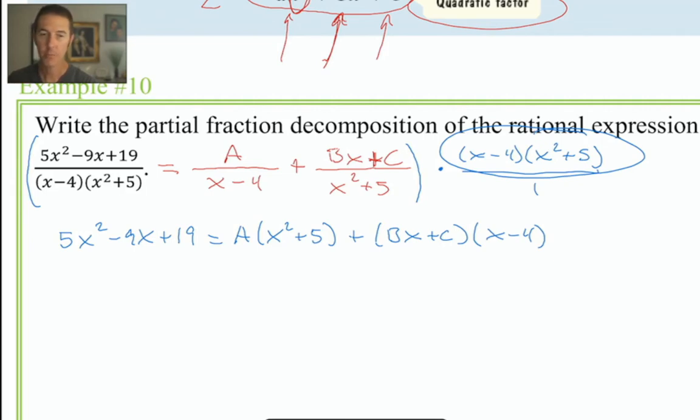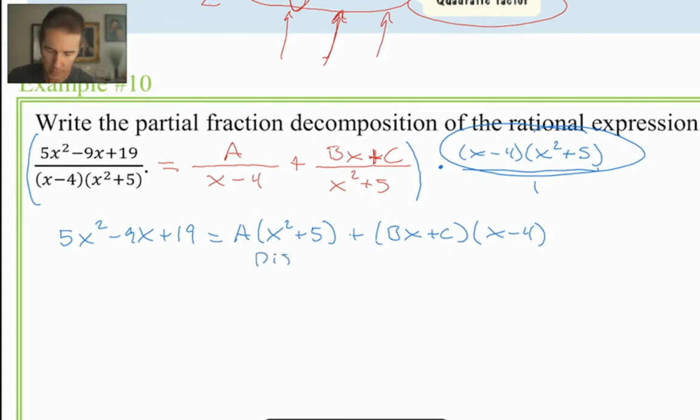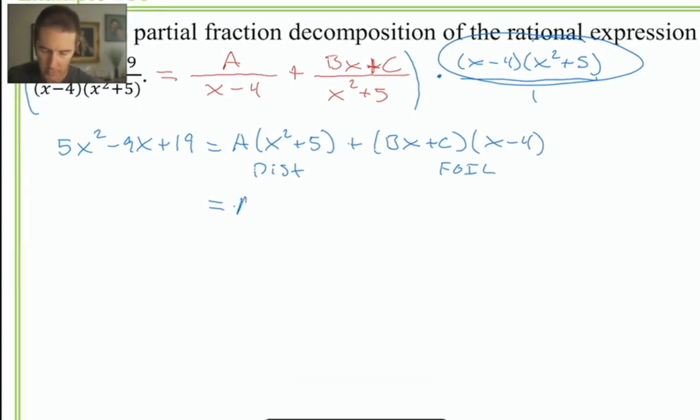All right, if you refer back to the first decomposition that we did, the next step is to distribute. In this case, I'm going to be distributing here, and I'm going to be foiling over here. Left-hand side stays the same. Right-hand side becomes ax squared plus 5a plus, and then we're foiling now, bx squared minus 4bx plus cx minus 4c.